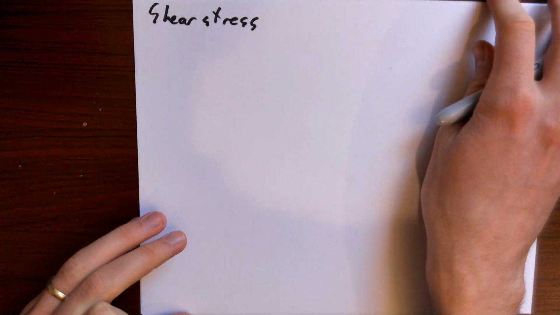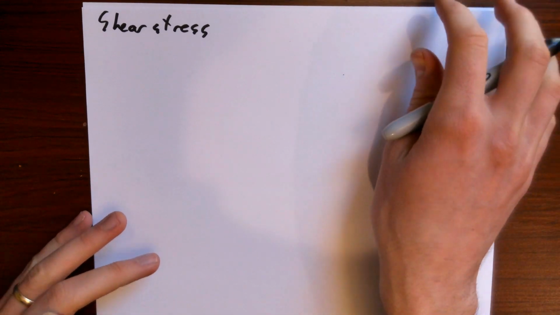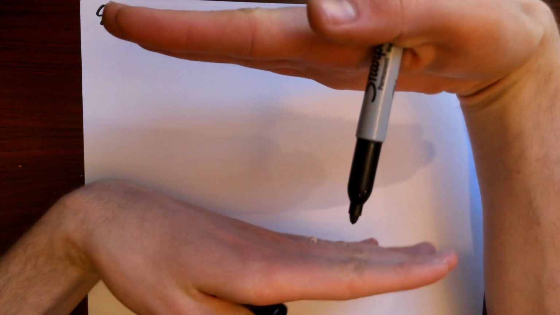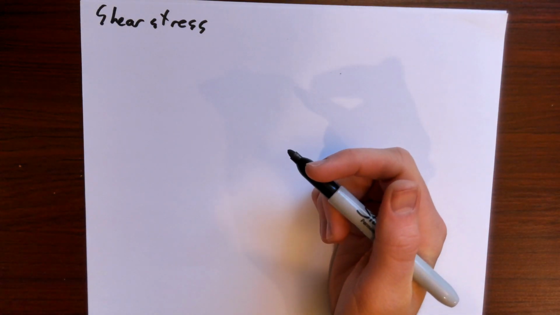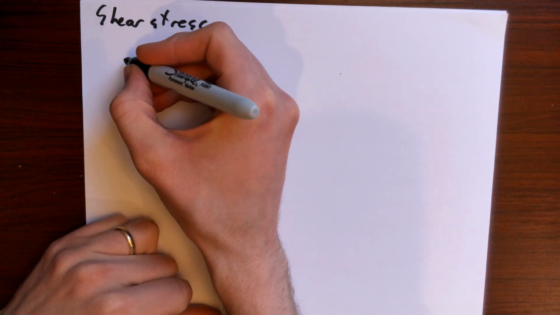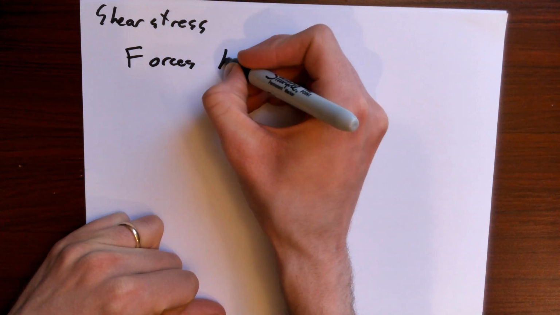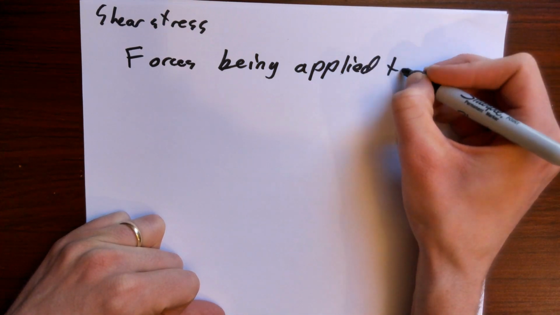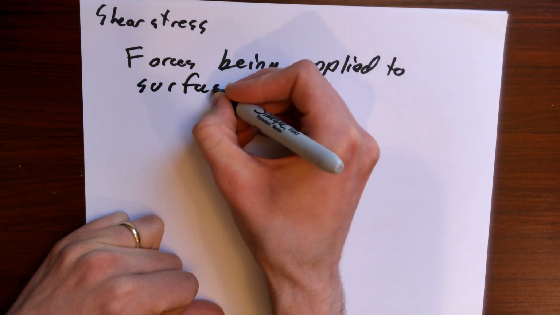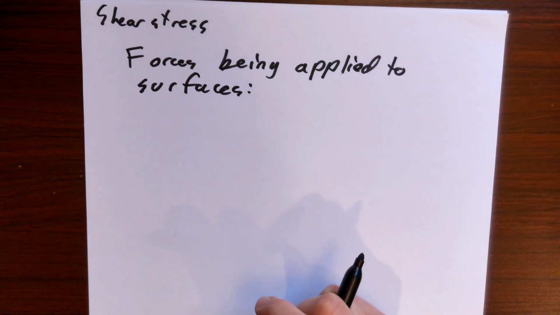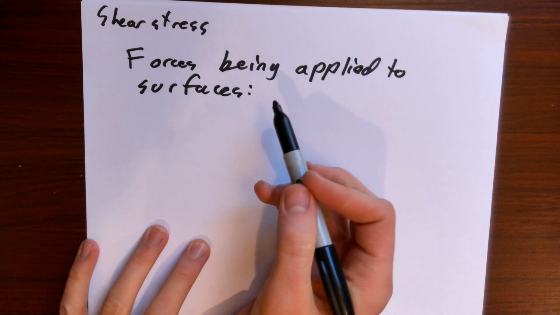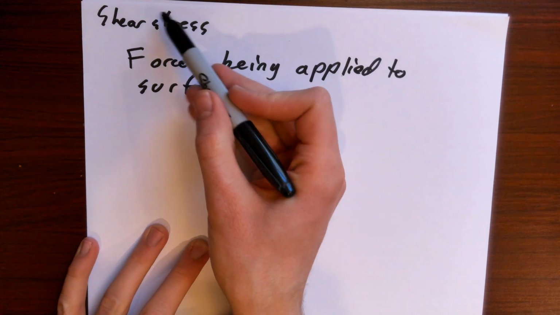So if I think about shear stress, there are a couple of things that are important in shear stress, right? Shear stress is basically the force-like quantity that makes stuff shear or sort of move parallel. And if I think about forces being applied to surfaces, I'm going to need a couple of quantities to sort of fully define all of the important parts of this shear stress.